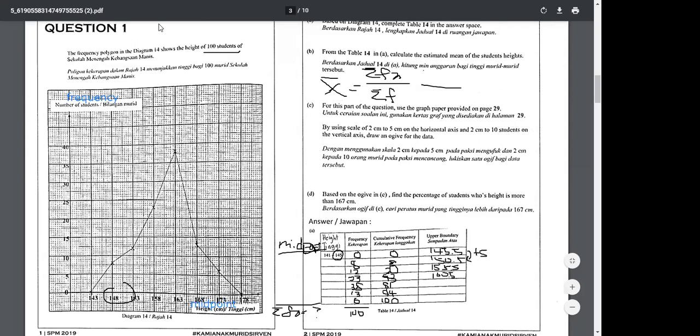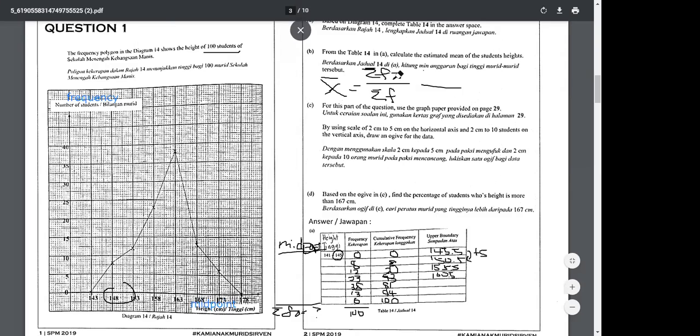To get the marks, you must calibrate the scale correctly. The scale must be correct, the x-axis and y-axis must be in the correct location, the graph you draw must be smooth, and the points you plot must be in the correct place.